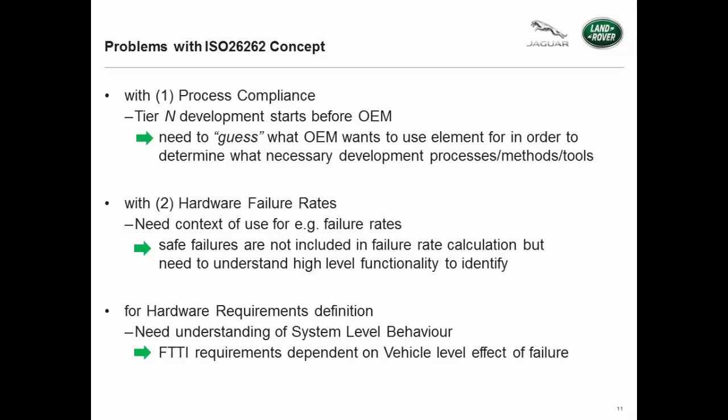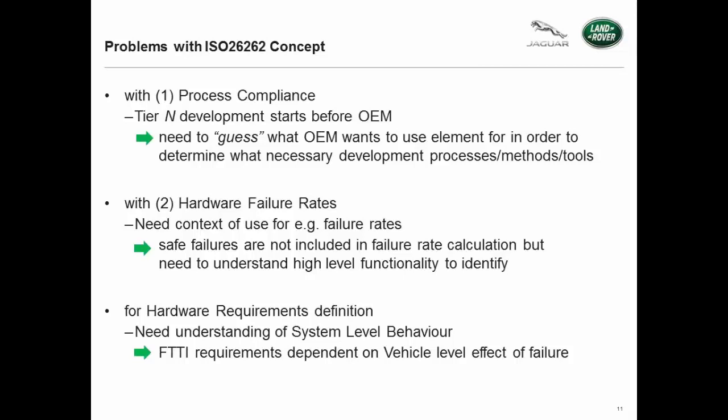So they will have to guess to some extent what we'll want to use the element for, in order to determine the necessary processes, methods and tools appropriate for an ASIL that we might later on ask them to provide. The same applies to the hardware failure rates.